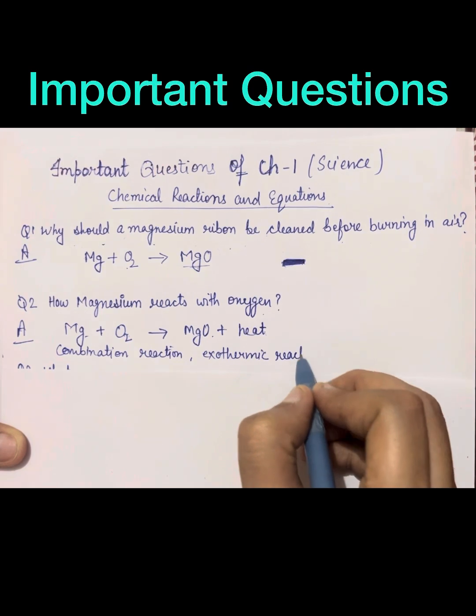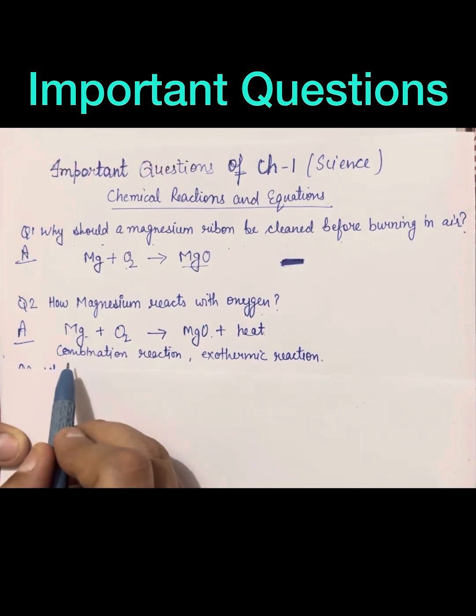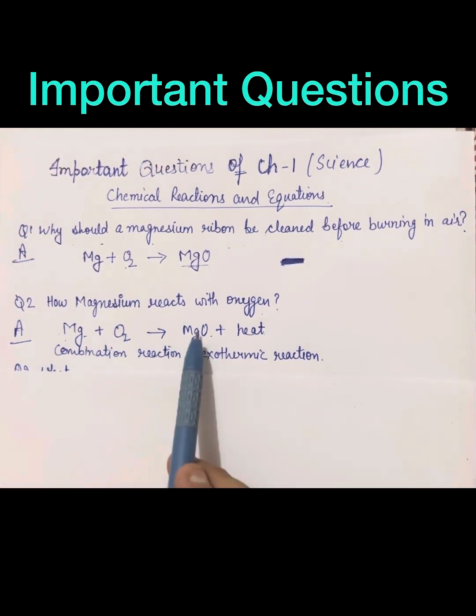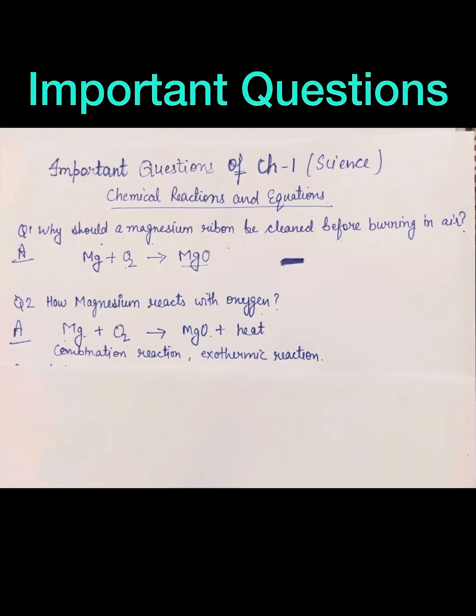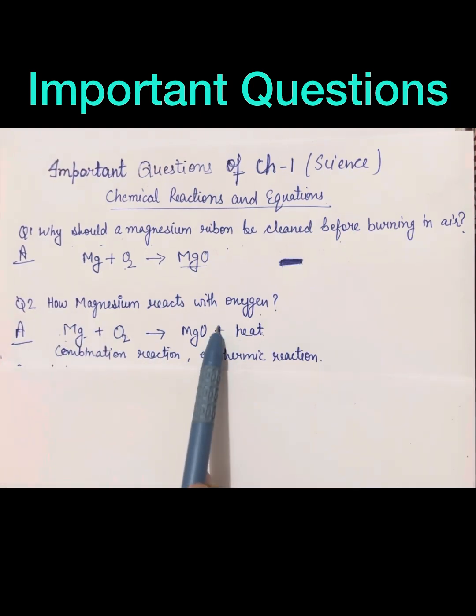This is an exothermic reaction. Children, for balancing, according to the law of conservation of mass, the mass of the reactants should be equal to the mass of the products. Correct? So the number of atoms on the left side and the number of atoms on the right side should be equal.